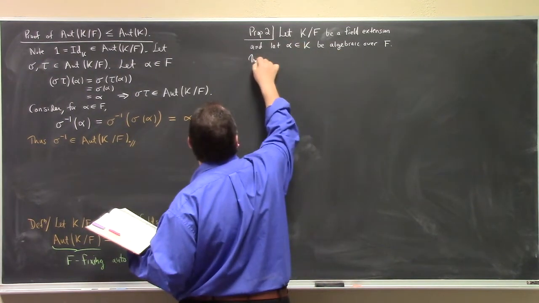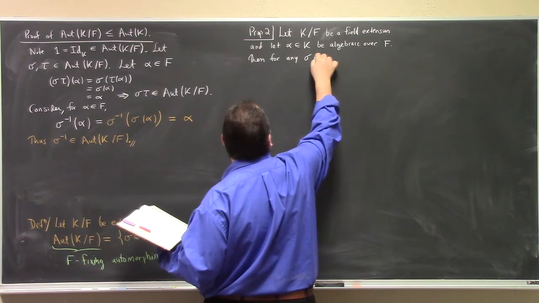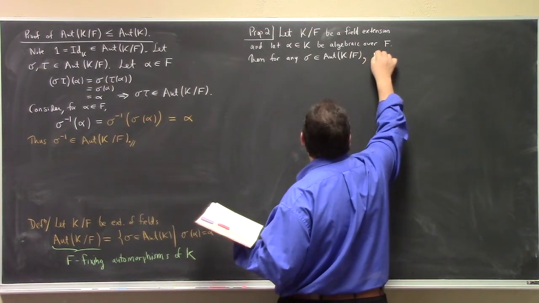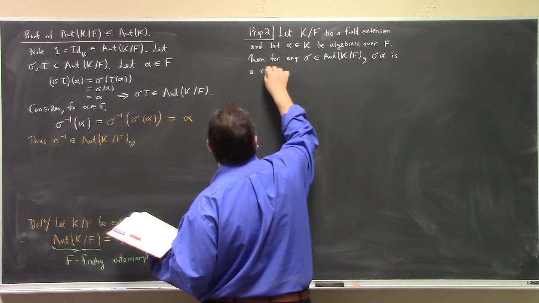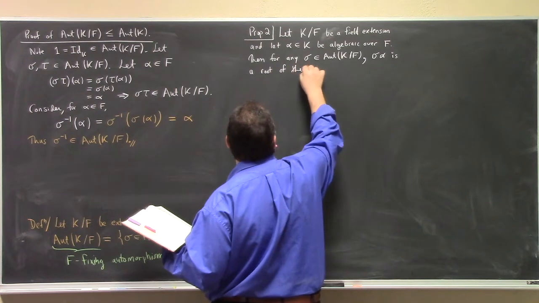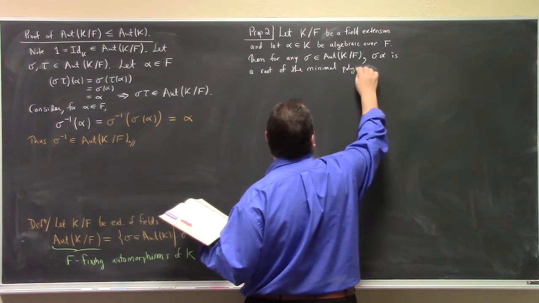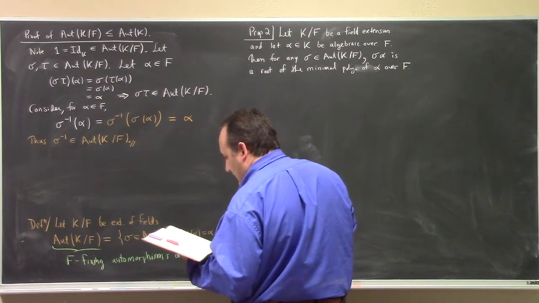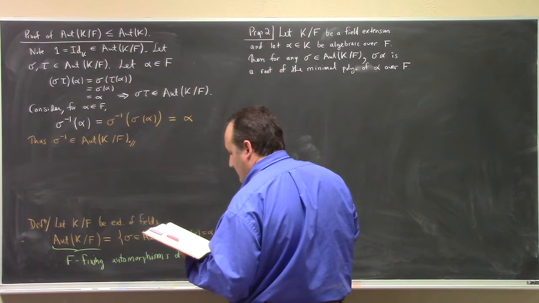Then for any F-fixing automorphism of K, any sigma in the automorphism group of K over F, sigma alpha is a root of the minimal polynomial for alpha over F. In other words, the F-fixing automorphisms of K permute the roots of irreducible polynomials.